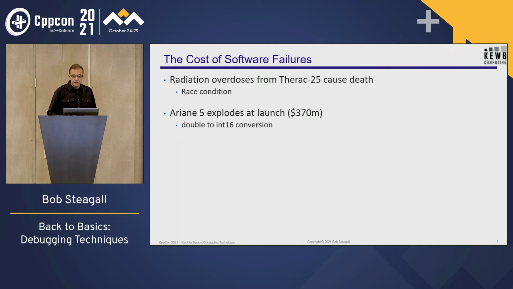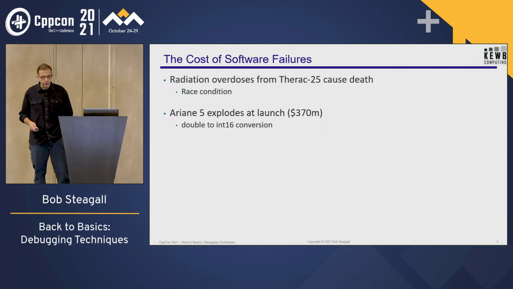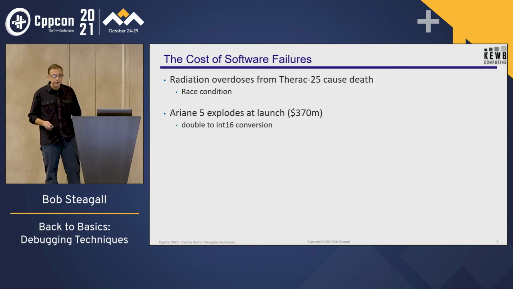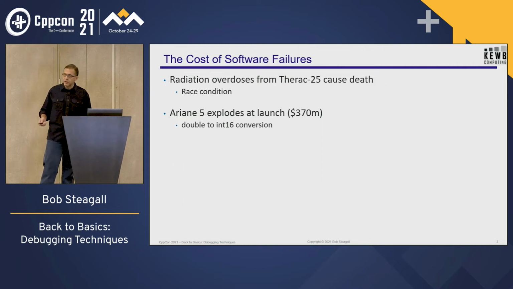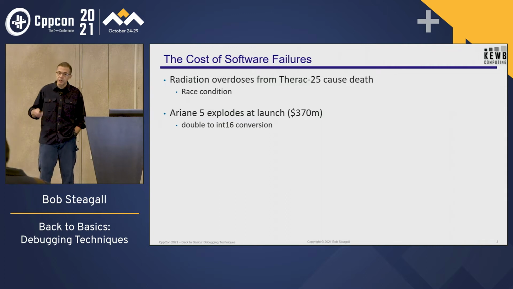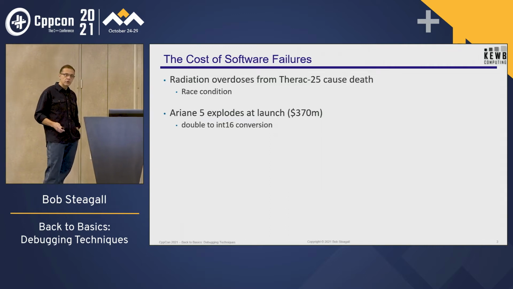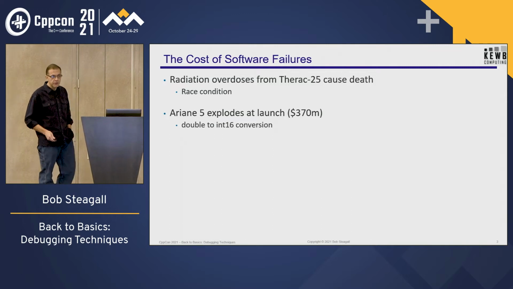In 1996, 37 seconds after launch, the Ariane 5 rocket blew up. And the reason is that there was a double to int16 conversion. The double was keeping track of a parameter that accumulated continuously during flight, and for some unexplainable reason, was storing that value, converting it to an int16.